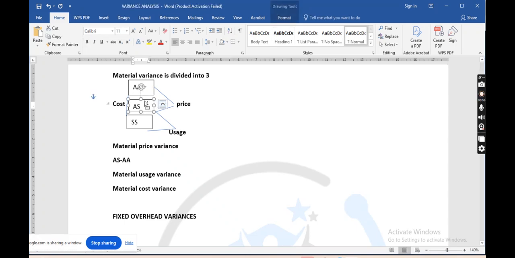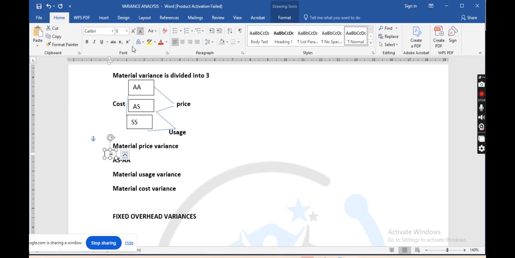Just a minute, I'm trying to make the formula so simple. Let's say Q. This will be Q, right?